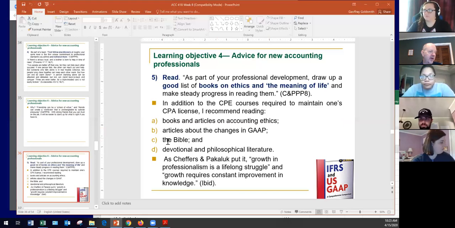Read the Bible and read devotional and philosophical literature. It might be a good idea to have a Bible study with your colleagues at work. As Jefferson Pojman put it, growth in professionalism is a lifelong struggle, and growth requires constant improvement in knowledge.